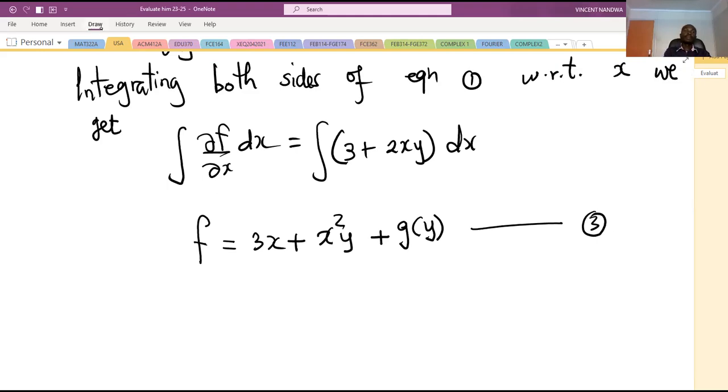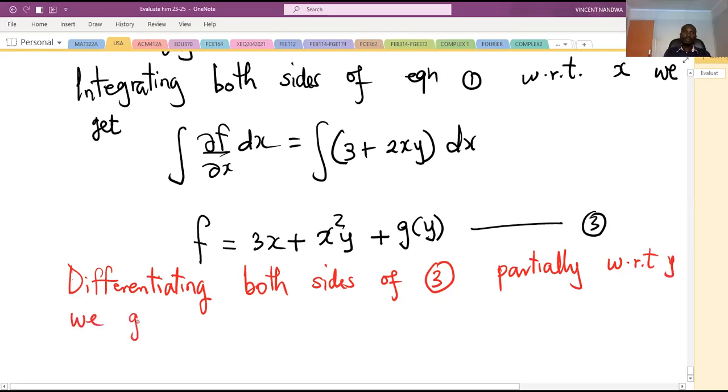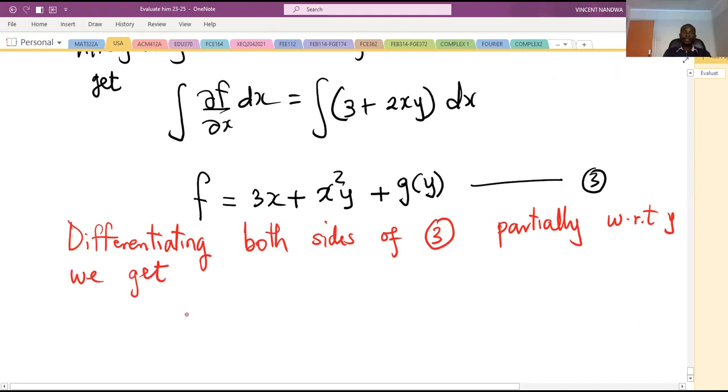And then we say, differentiating both sides of 3 partially with respect to y, we get partial f partial y.